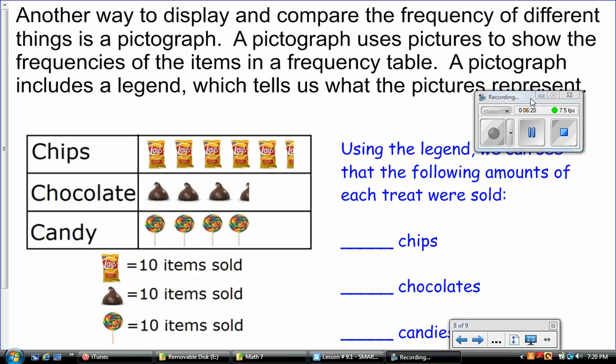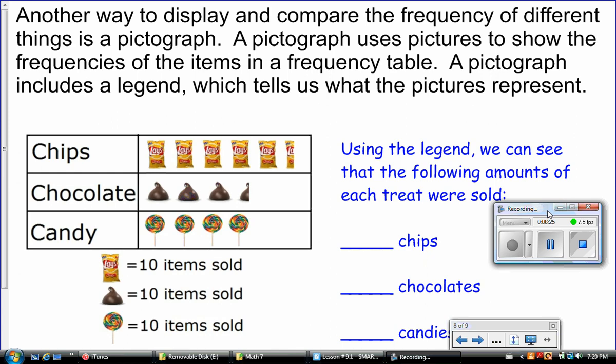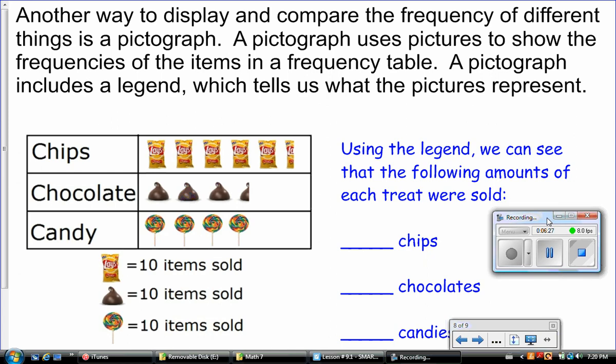All right. Another way to display and compare the frequency of different things is a pictograph. A pictograph uses pictures to show the frequency of the items in a frequency table. A pictograph includes a legend, which tells us what the pictures represent. So you guys are going to love this one because they're surveying people about their favorite junk food items.